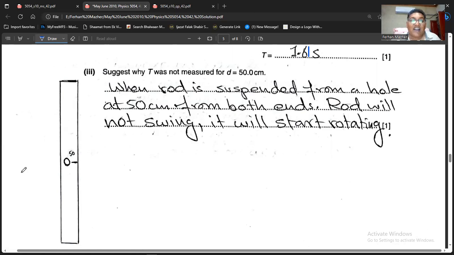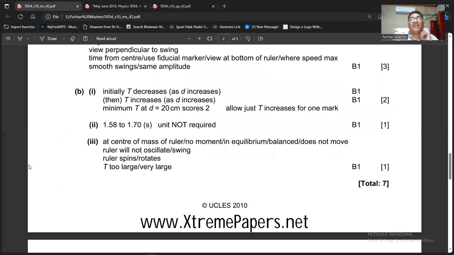It will start rotating, because the nail is at its center of gravity. So if you apply force here, it will not swing. It will actually start rotating. When the rod is suspended from a hole at 50 centimeter from both ends, the rod will not swing. It will start rotating.